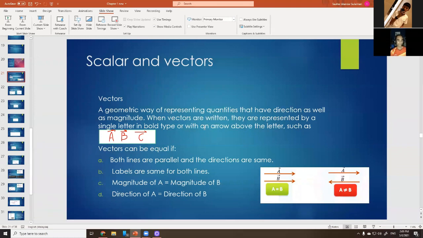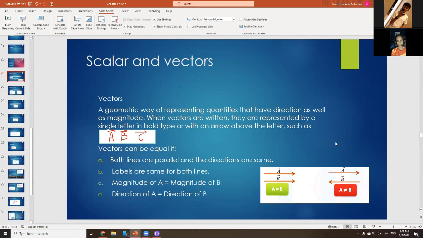Vectors can be equal if both lines are parallel and the directions are the same. You can see that in the lower right diagram. If A equals B, both lines are parallel and the direction is the same, so it is equal.